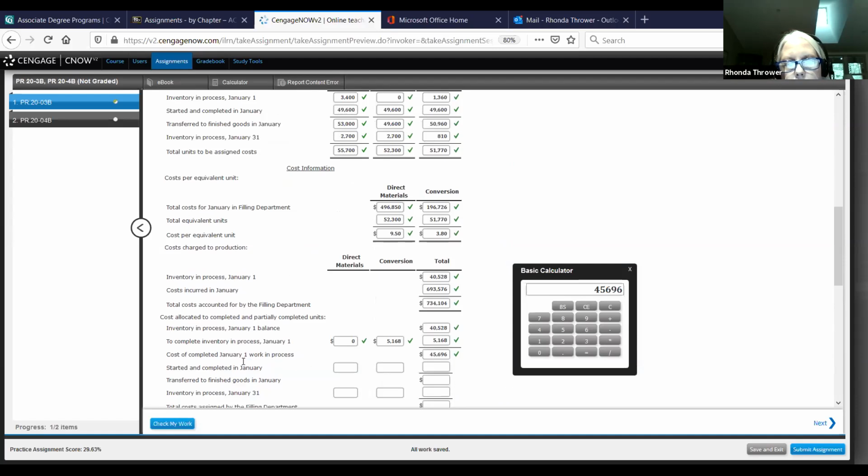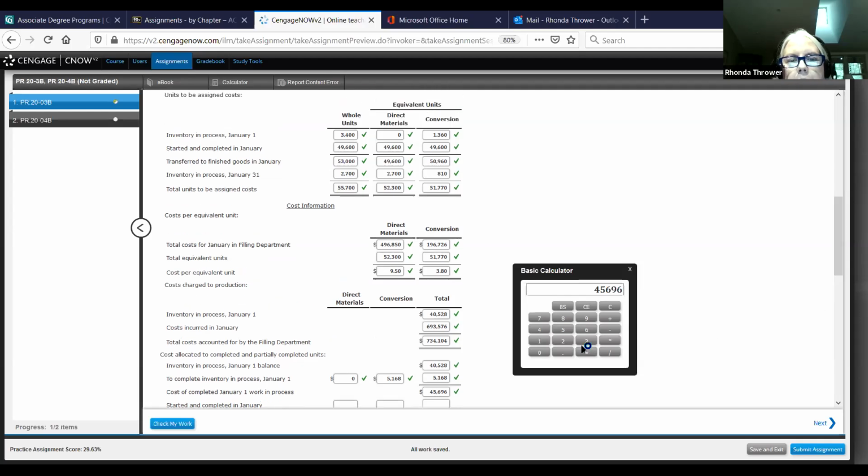Now I'm ready to find the cost of my started and completed units. How many started and completed units did I have for materials? 49,600. 49,600 will be multiplied by the cost per equivalent unit for materials of $9.50.